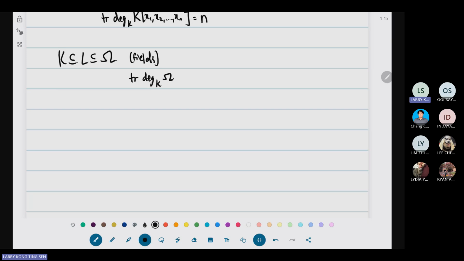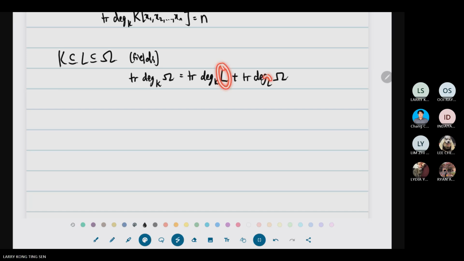The transcendence degree of omega over K is the transcendence degree of L over K, plus the transcendence degree of omega over L. It's like we just pass it around and we get this result here.